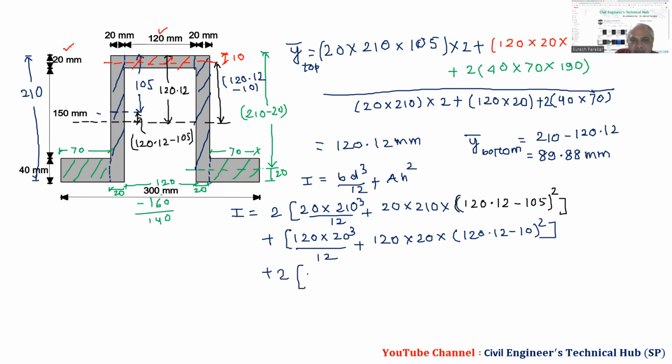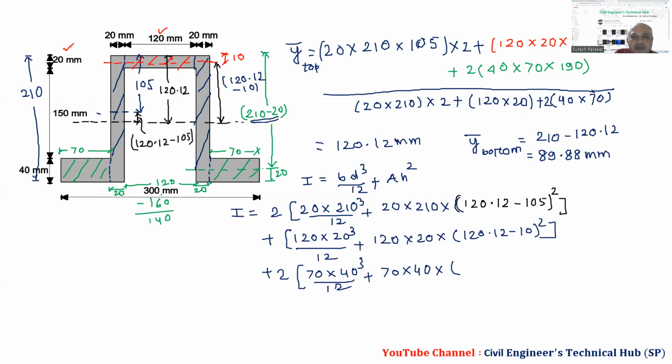BD cube by 12. B is 70, D is 40, cube by 12, plus A into H square, 70 into 40 into, now you can see the distance from top. So we have seen this is 210.